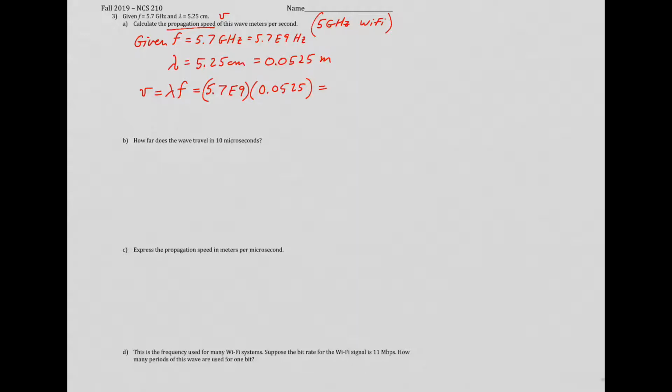So 0.299. And you may have noticed I didn't type in the times 10 to the 9th in my calculator, so I have to add that by hand. 0.299e9 is 299e6 meters per second.